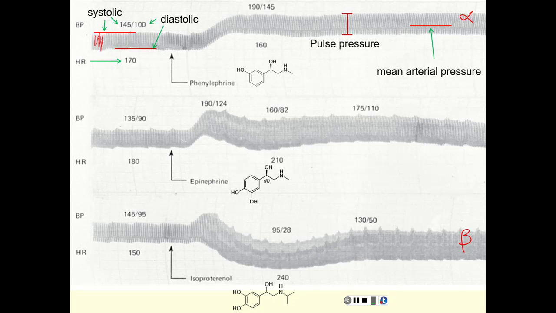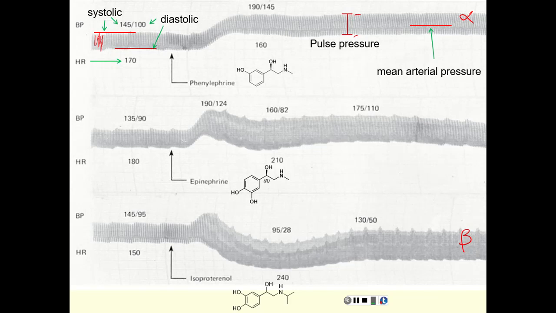This is written on paper, and the paper is rolling under a pen at a fixed rate, so we know how fast the paper is moving, and therefore we can count the number of beats that occur in a minute. We can also calculate pulse pressure, which is the difference between systolic and diastolic pressure, shown here, and we can calculate mean arterial pressure.